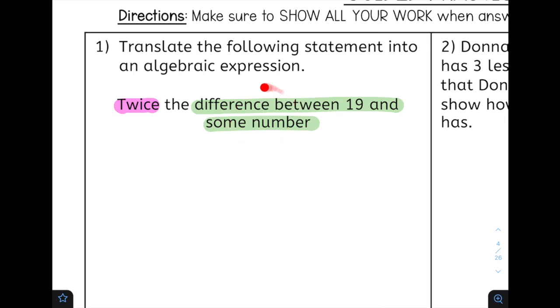So this is going to go with itself, and this is going to go something separate. So when something is twice, you're going to multiply it by 2. The difference means you want to subtract, and here's what you're going to be subtracting, 19 and some number, which is going to be a variable, which means you have to identify a letter to that number that's unknown.